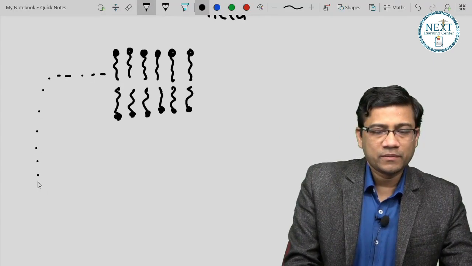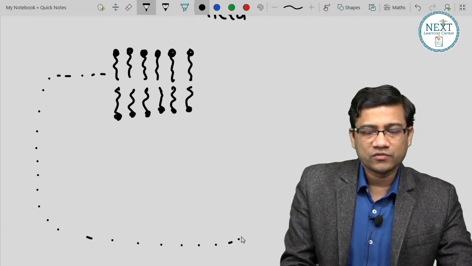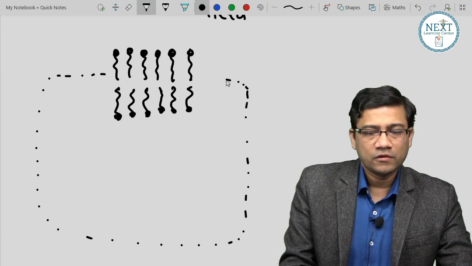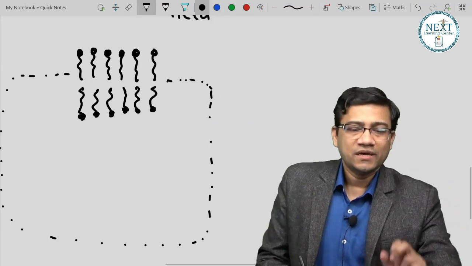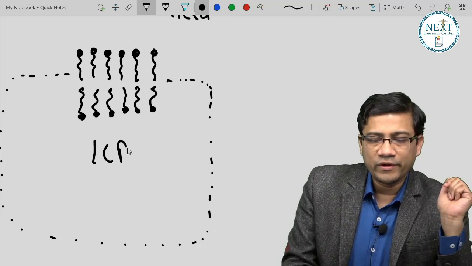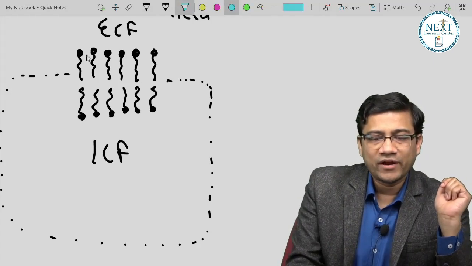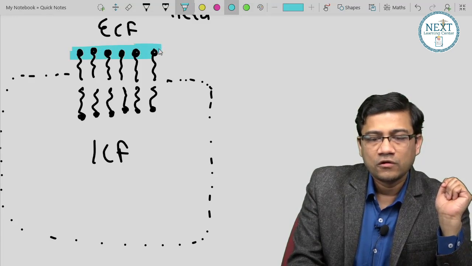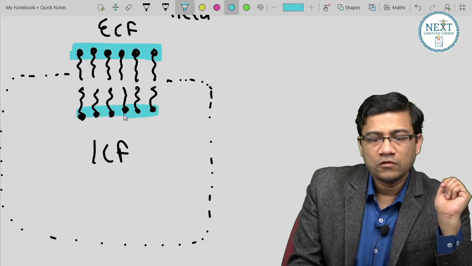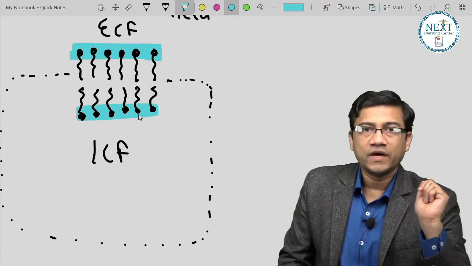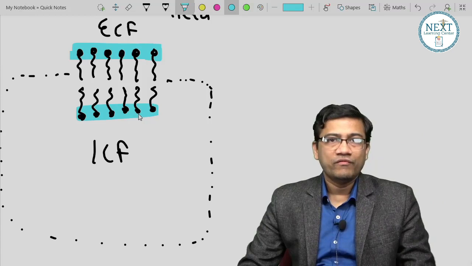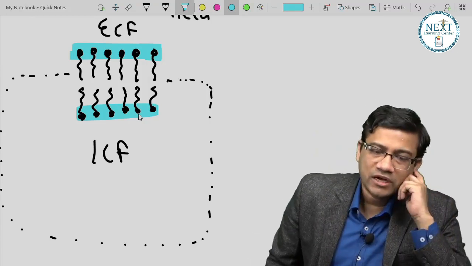I am just drawing the remaining as dotted lines because it is tough to make the entire membrane. So now you can see the ICF fluid and the ECF fluid will be in interaction with what? Yes, hydrophilic head ends. So that's where the problem is solved.